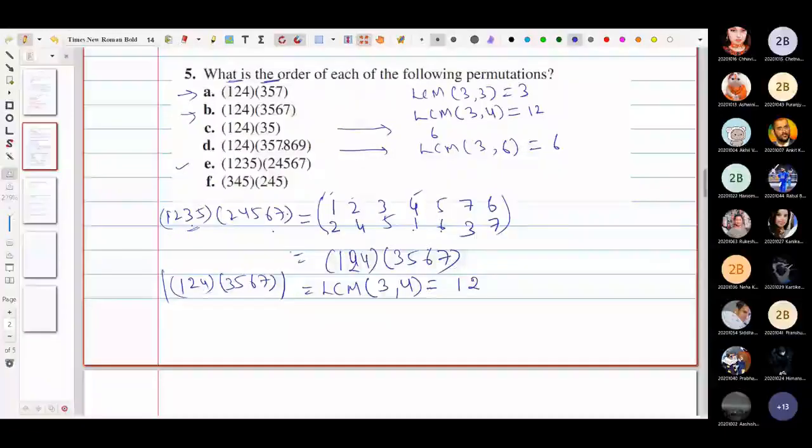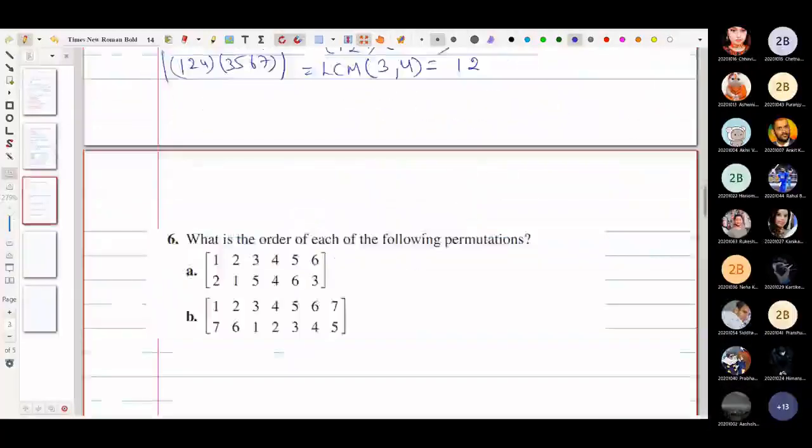Similarly, you can find out the order of F. This F you can write as 2 5 and then 3 4. You can verify it. In this case the order of this product would be LCM of 2 and 2. This is going to be 2. Fine.